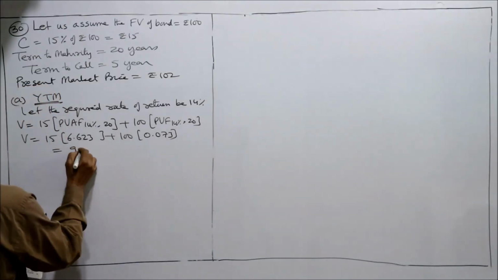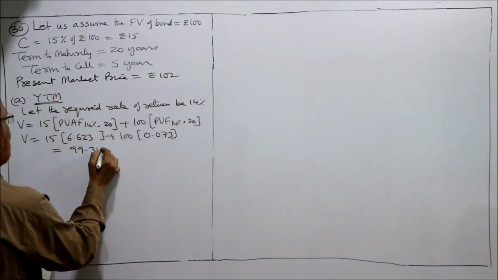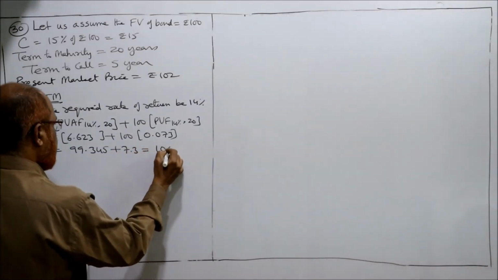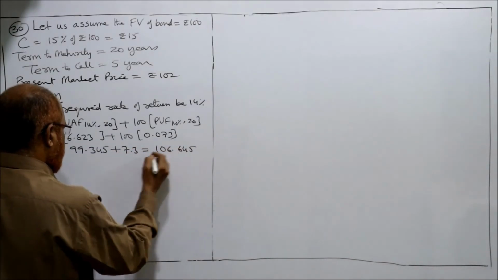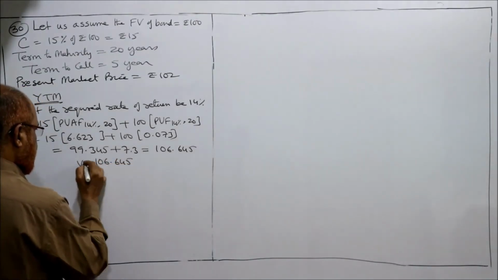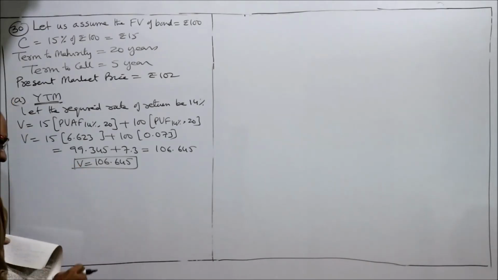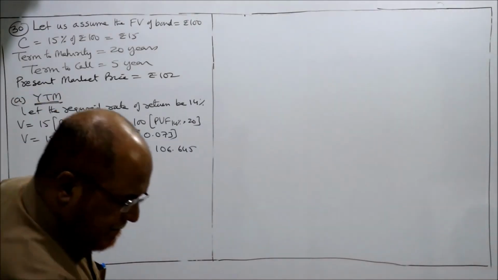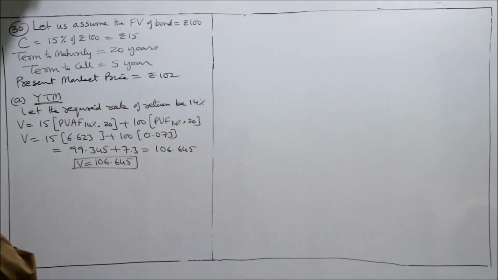So it will be 99.345 plus 7.3. This is the present value of the bond.